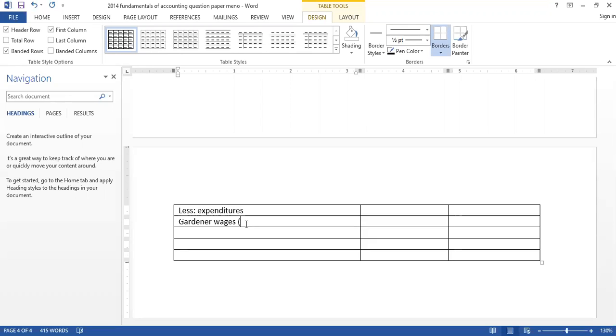And accruals at the end of the year are added because they belong to the current financial period. So you will have 6,500, and then you add your accrued gardener wages of 700 because they belong to this current financial period. Do you understand? So we'll have 7,200 total.